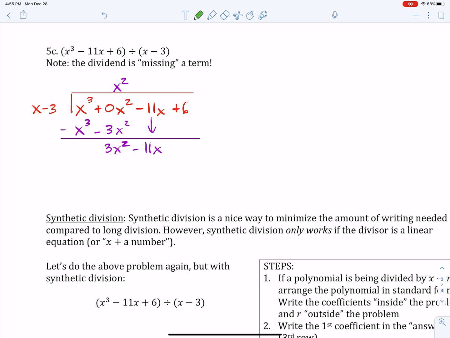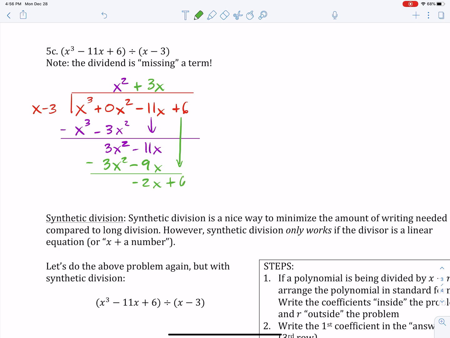So this at the top is going to be positive 3x. Now we multiply. You get 3x squared minus 9x. We're going to subtract again. That gives me 0. Negative 11x minus negative 9x is negative 2x. I bring down my 6.